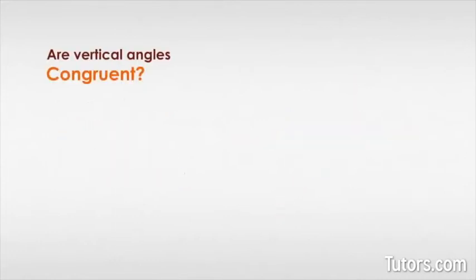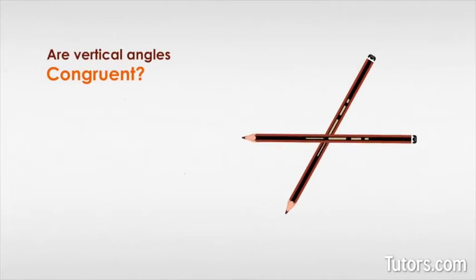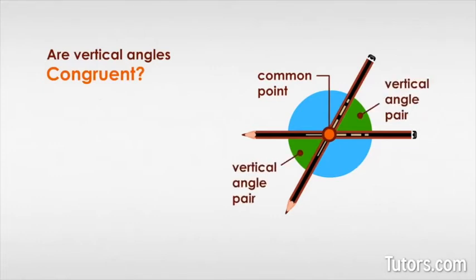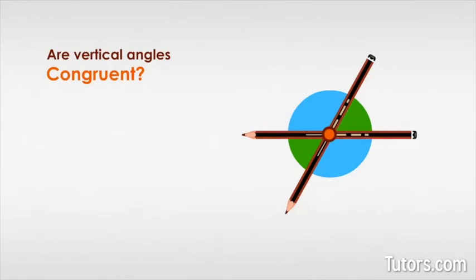Take 2 straight objects like pencils and place them so that they cross. Now, look at the angles they form. If you study any pair of these opposite angles, you will see that they share a common point at their vertices, their corners. That makes them vertical angles. You will also notice that large or small, they seem to be mirror images of each other. That's because they are.